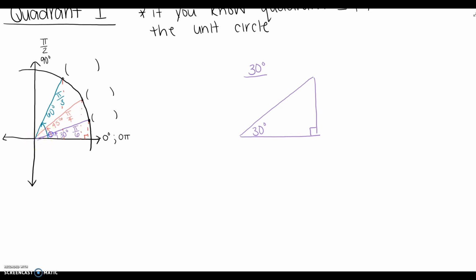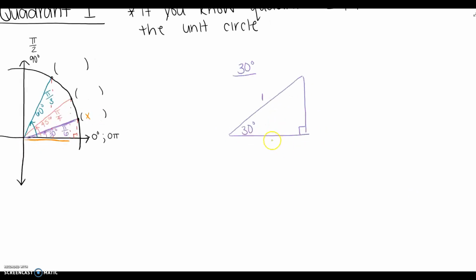The hypotenuse's length, we all know, because this is a circle, and the radius of the unit circle is 1. So I'm going to label my hypotenuse as 1. Now, the horizontal distance, that's x. And that vertical distance here is going to be y.